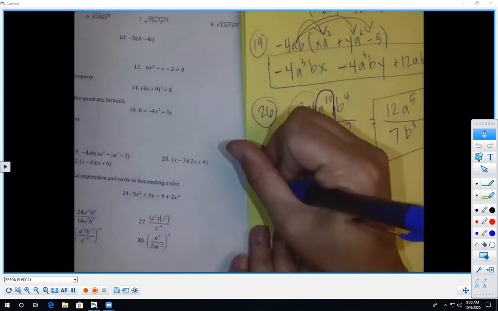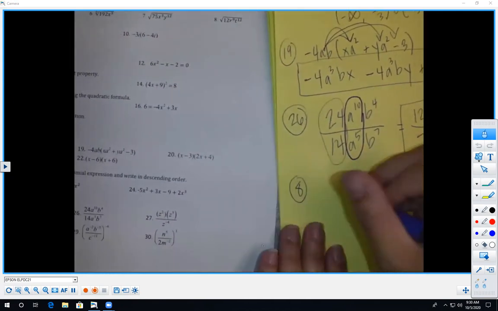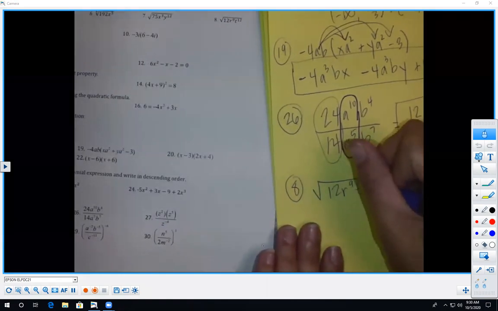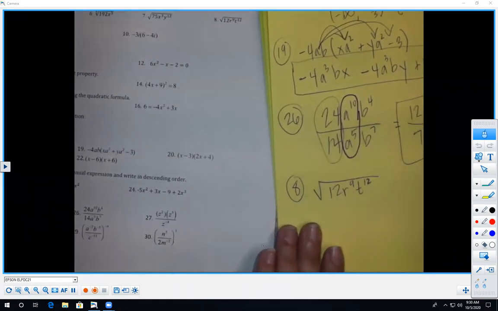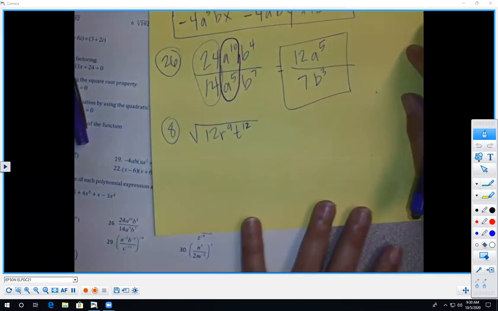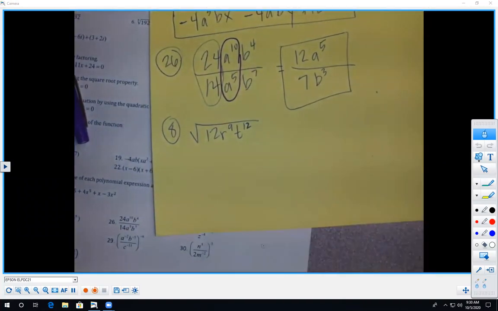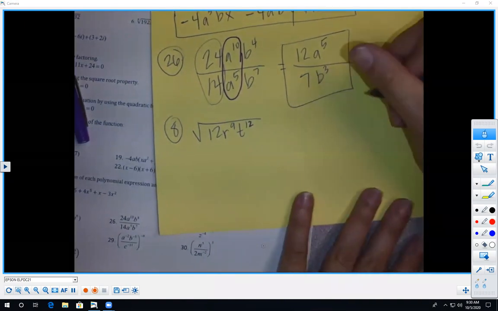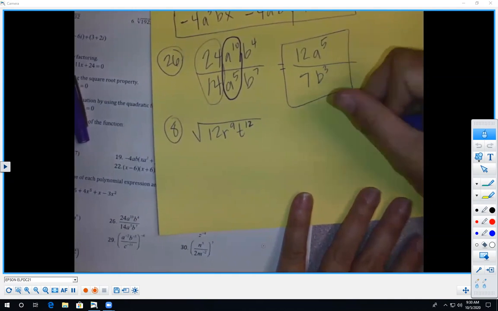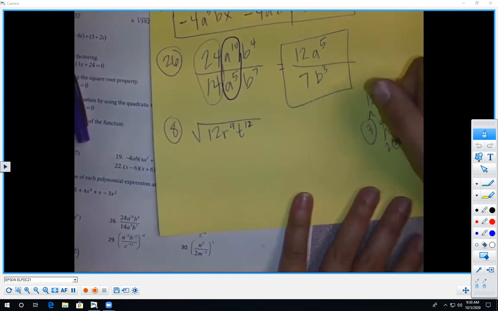Let's look at number 8. Number 8 is the square root of 12 r to the 9th t to the 12th. I'm going to simplify this. I'm going to break down 12. 12 is 3 times 4. 4 is 2 times 2.